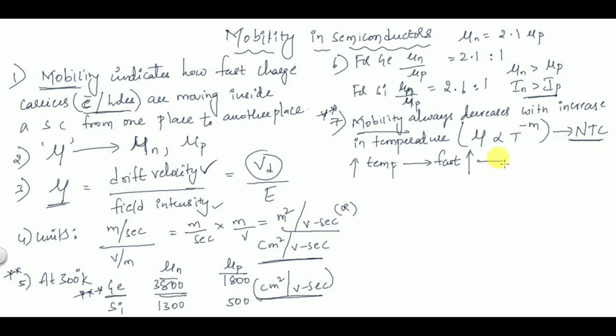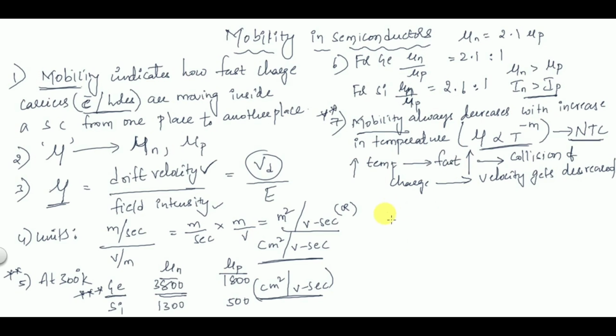So due to this thermal vibration, collision happens. Collision of charge carriers occurs, and thereby the velocity gets decreased. So that is why mobility will always have negative relationship, that is NTC.